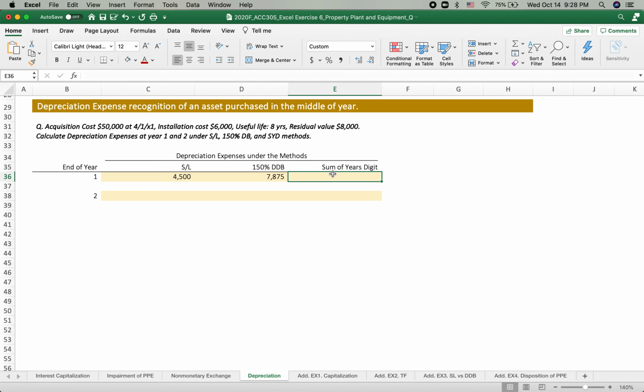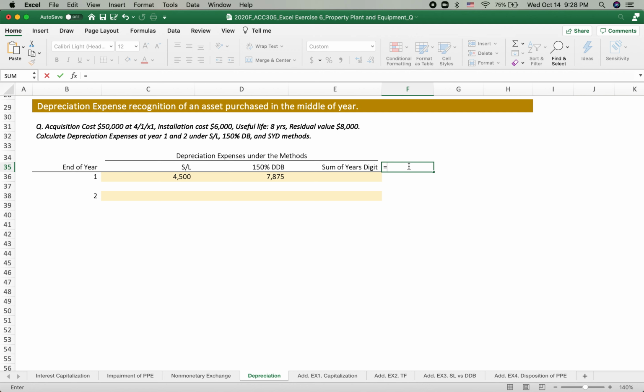Sum of years digit. Now for sum of years digit, we should first calculate the sum of the digits. We can just sum up 1 plus 2 plus 3 plus 4 and so on, but that takes a lot of time.